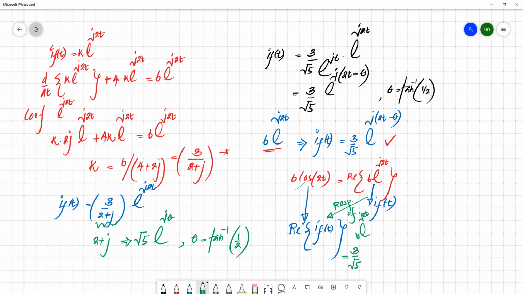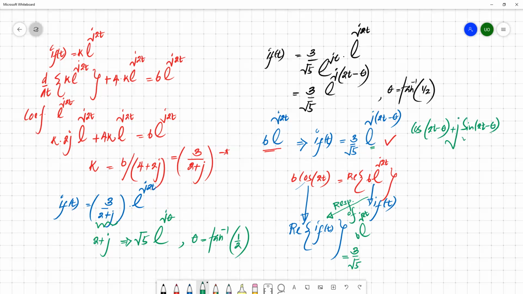So e to the power j(2t minus theta) becomes cos(2t minus theta) plus j sin(2t minus theta).